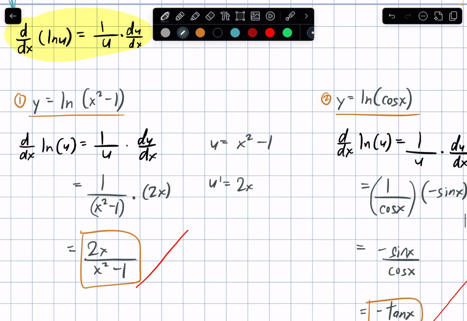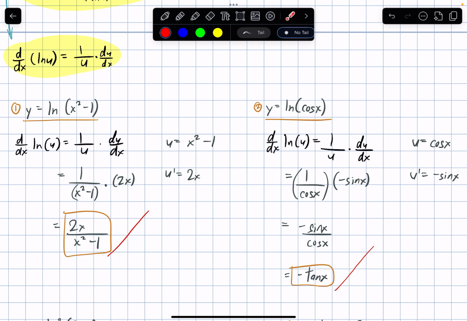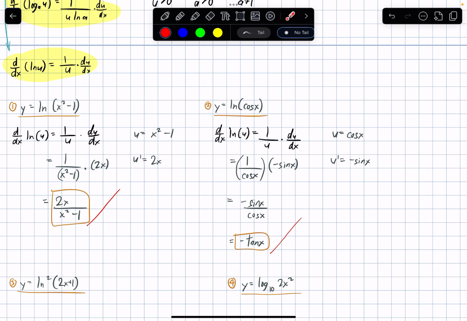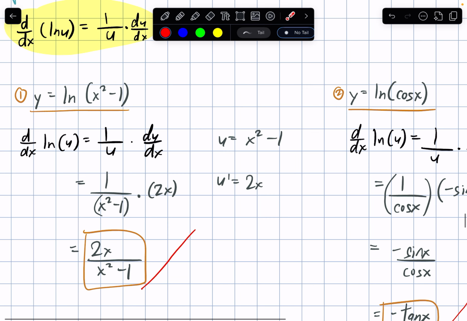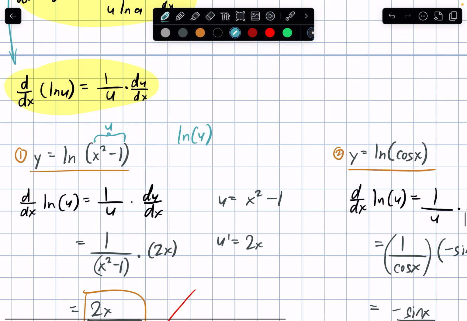Okay, let's have a debrief for numbers 1 and 2 since they've already been answered. For number 1, y is equal to ln, and then in a parenthesis x squared minus 1. We will always recognize this as u. At least that is my technique. So ln u, the formula is this.